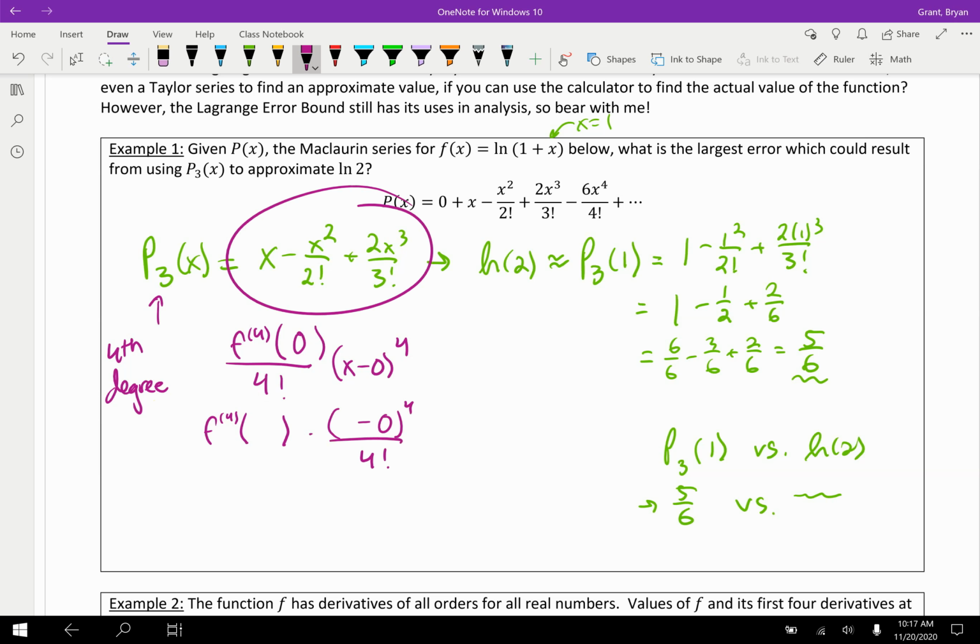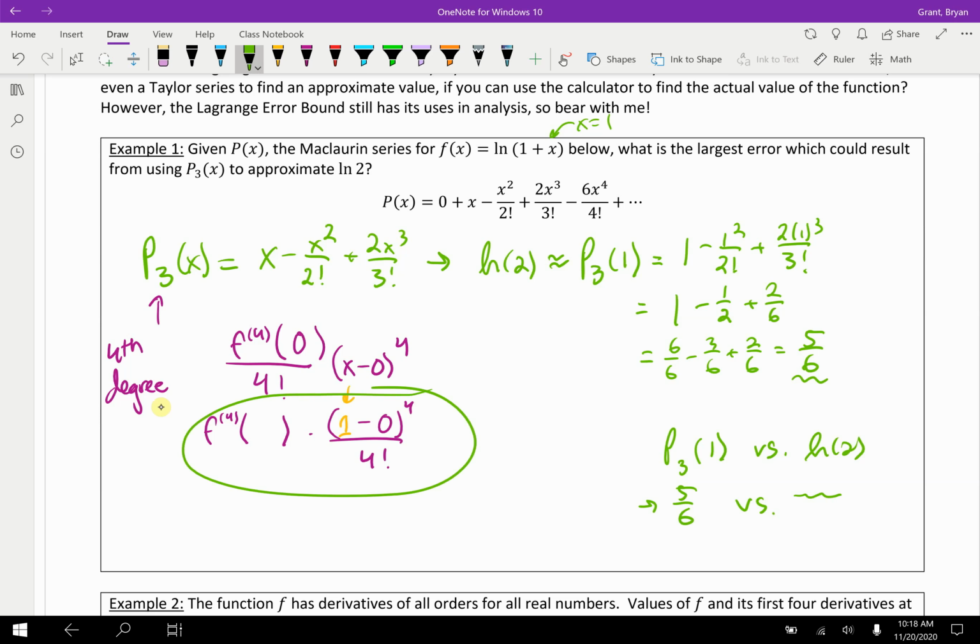But when we were using this, didn't we evaluate it at 1? So I think we replaced the x with 1. Now what about this derivative? This is where the Lagrange error bound comes in. It tells us we need to find a value that gets plugged into the 4th derivative that makes this as large as possible.